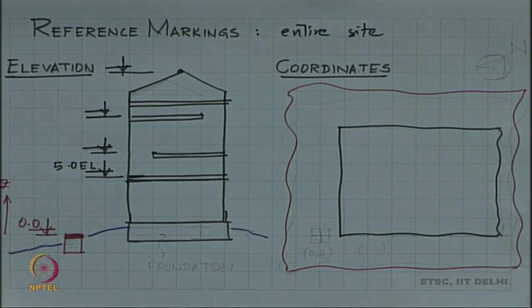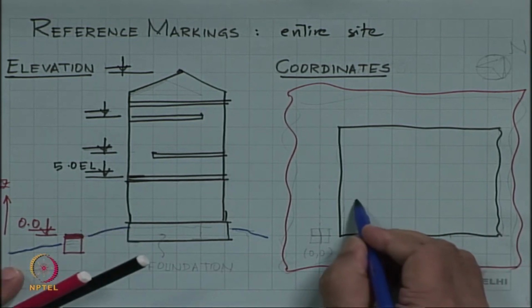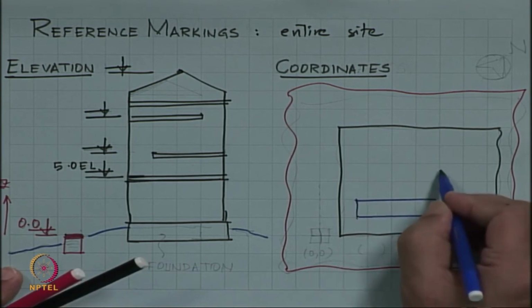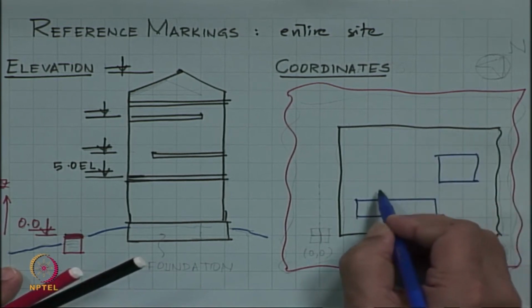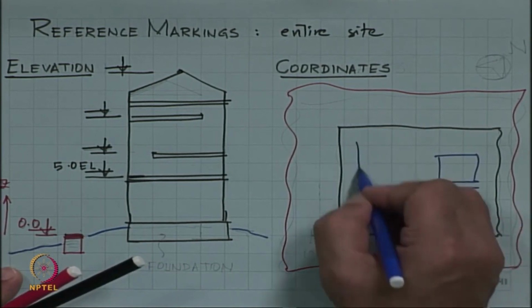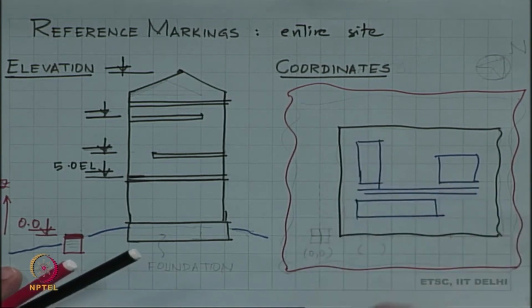On this we could be placing many buildings. We could have one building over there, could be another building over there, could be say a road in between, there could be another building over there, like that.